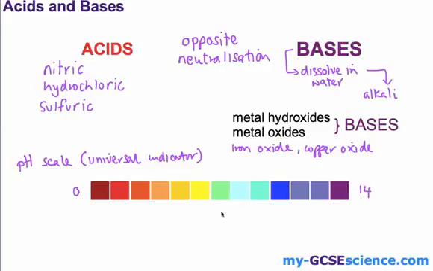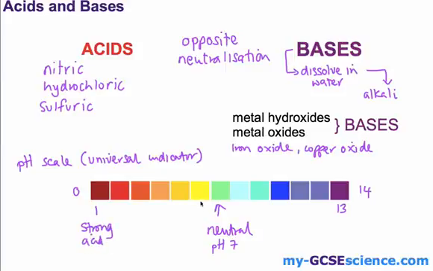And right in the middle there we have what's called neutral. And neutral has a pH of 7. Down the end here this would be pH 1. This would be pH 13 over here. And at the end of pH 1 this is a strong acid.